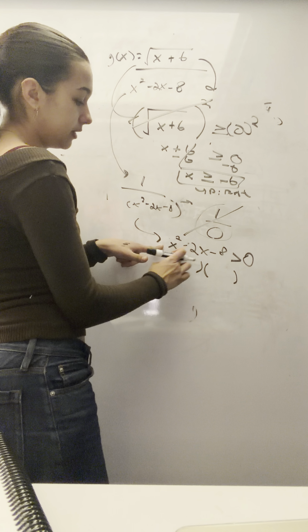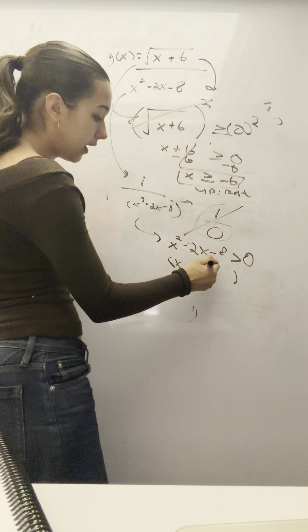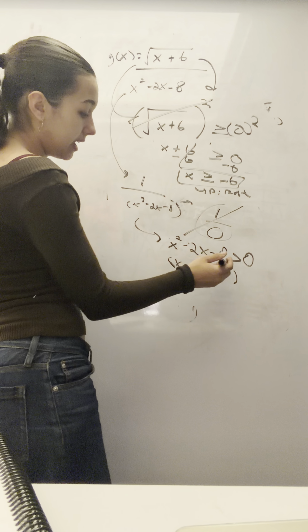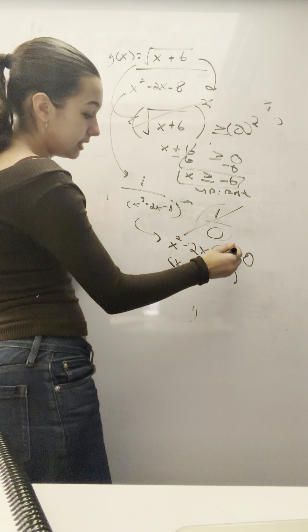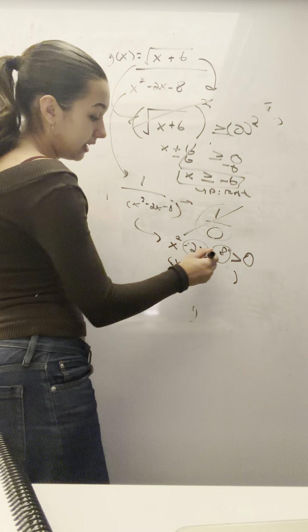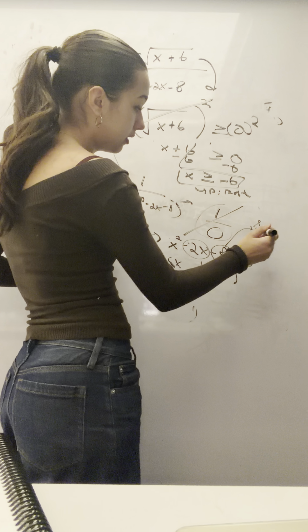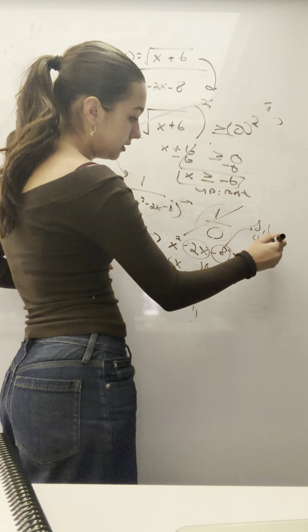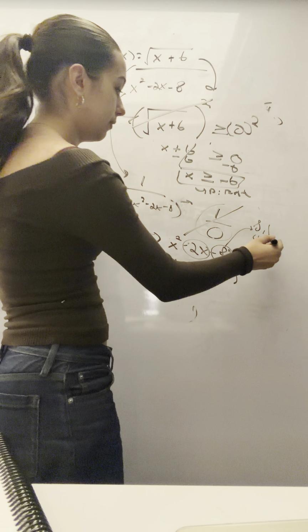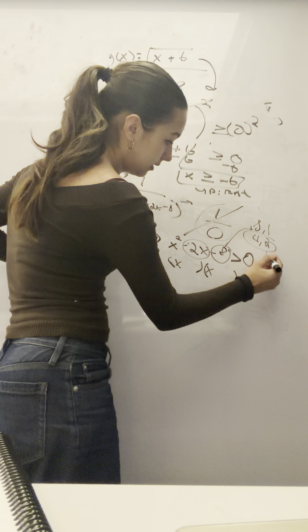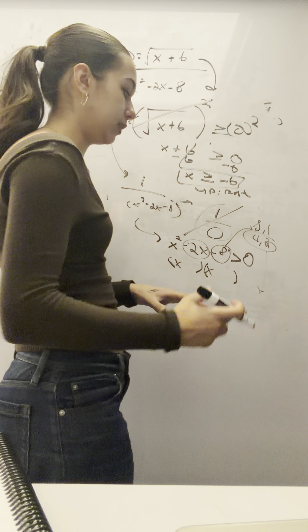Well, we can factor this polynomial. And how do we factor it? Well, we have to find two numbers that multiply to -8 and add to -2. So I would list the different factors of 8, which is 8 and 1, 4 and 2. I can see 4 and 2 makes the most sense. And then you have to figure out the relative signs.